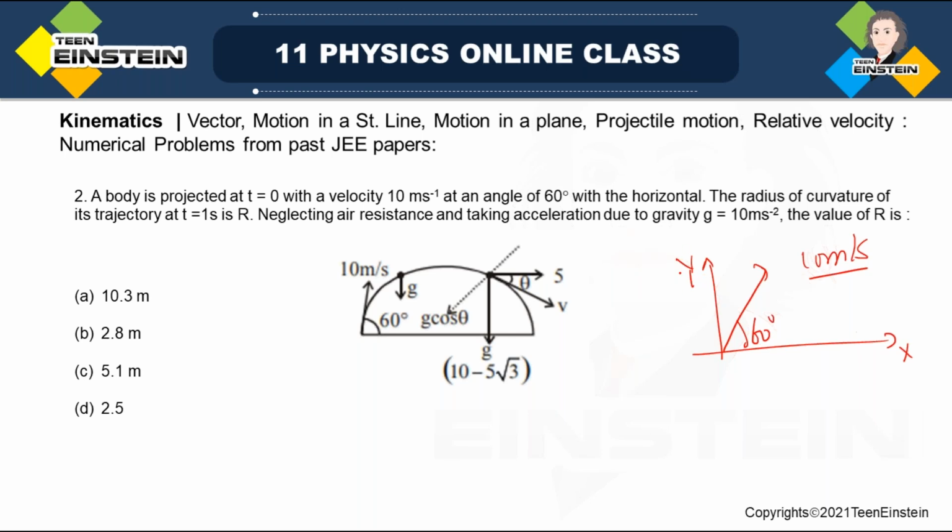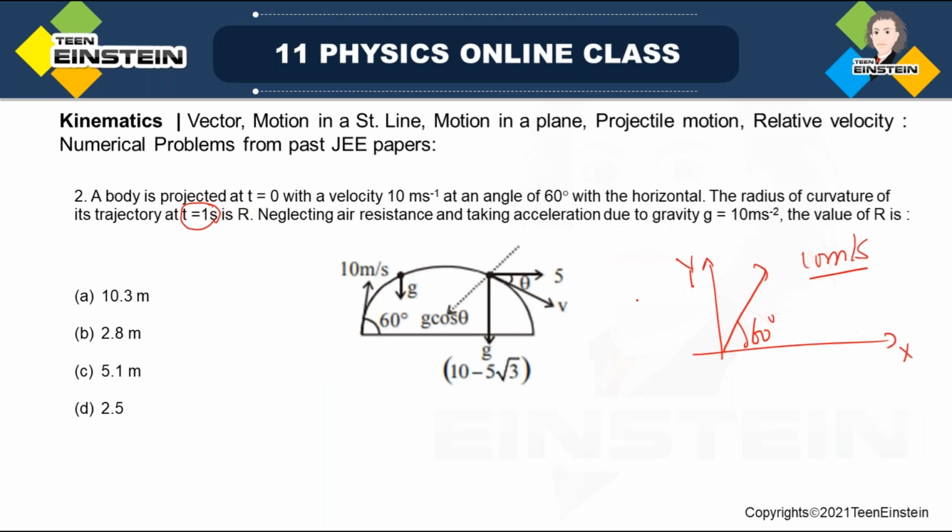Now you have been given that after t is equal to 1 second, this projectile has a radius of curvature of the trajectory. Radius of curvature of the trajectory is given, and that is r. You have to find out the value of r. What is that value of r?